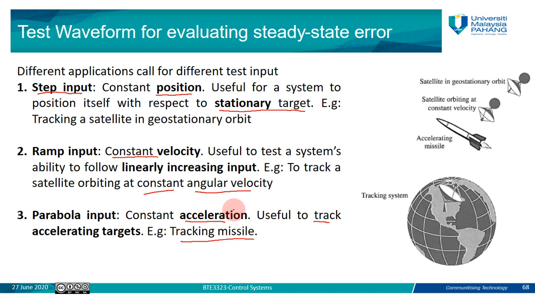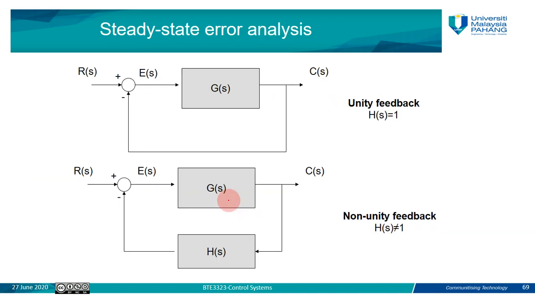Next, we are going to highlight again the open loop and closed loop, and unity feedback and non-unity feedback. When we studied the stability of the system using the Routh table, we said that if you want to use the Routh table, you must use the closed loop transfer function, not the open loop transfer function.